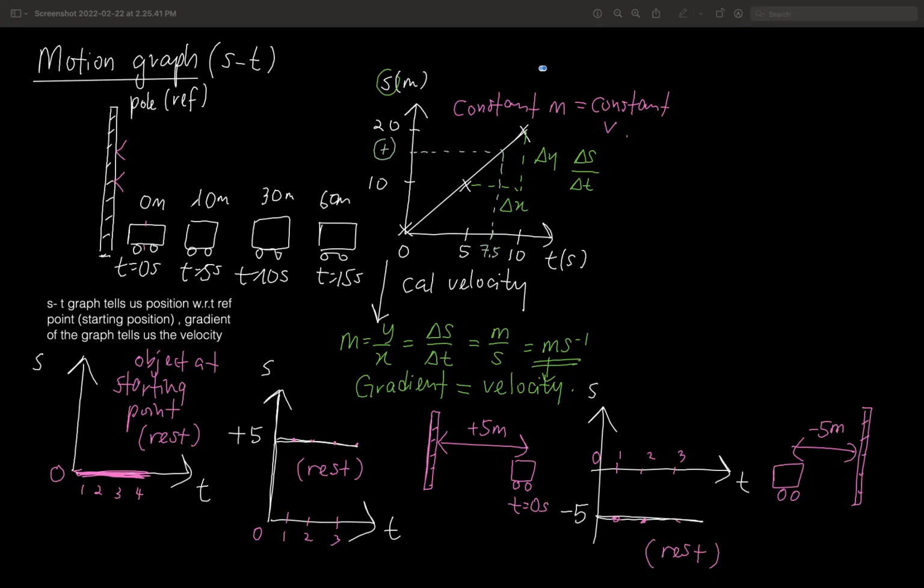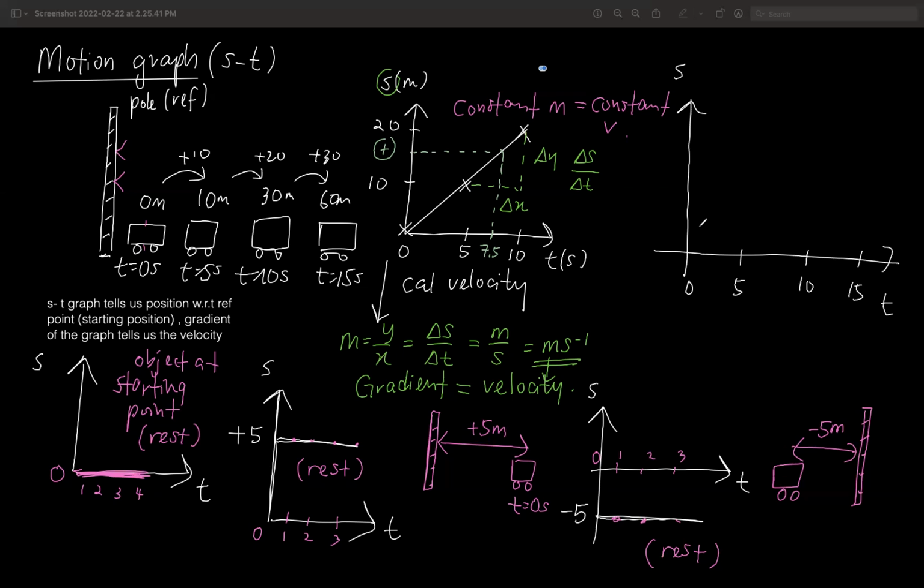Okay. You can see every 5 seconds, right? The displacement increased by not the same amount. Here +10, here +20, and then here +30. So if I were to plot a graph, just do a rough sketch. ST, 0 seconds here, 5, 10, 15.